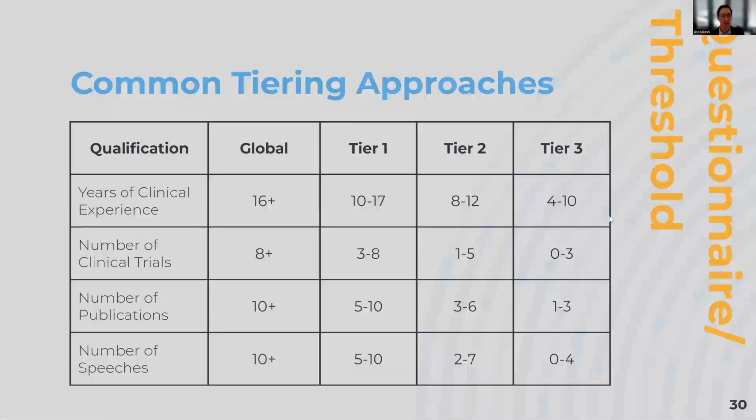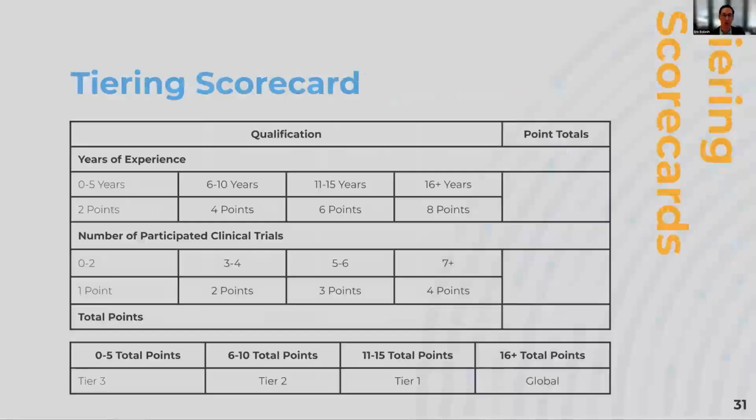So in practice, what this translates to is a tiering scorecard. And tiering scorecards have emerged as a standard tool for tiering on the HCP side. Here on screen, we see a simplified scorecard. These can get a little bit complicated. But what this does is it uses a couple of different criteria. We see two here, years of experience as well as clinical trial participation.